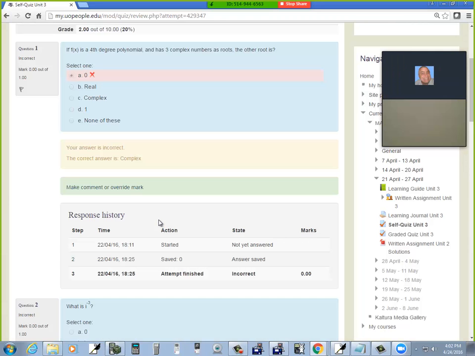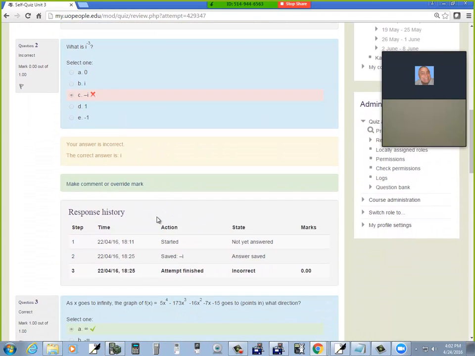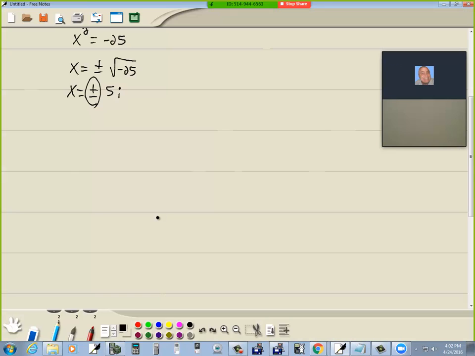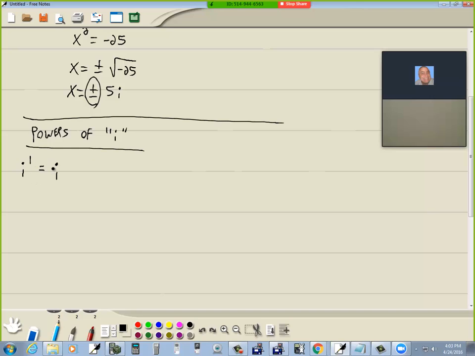Now number 2 says what is i to the negative 3? Now our powers of i, we got i to the first is i, and if you have a negative 1 inside of a square root, that's going to give you an i.